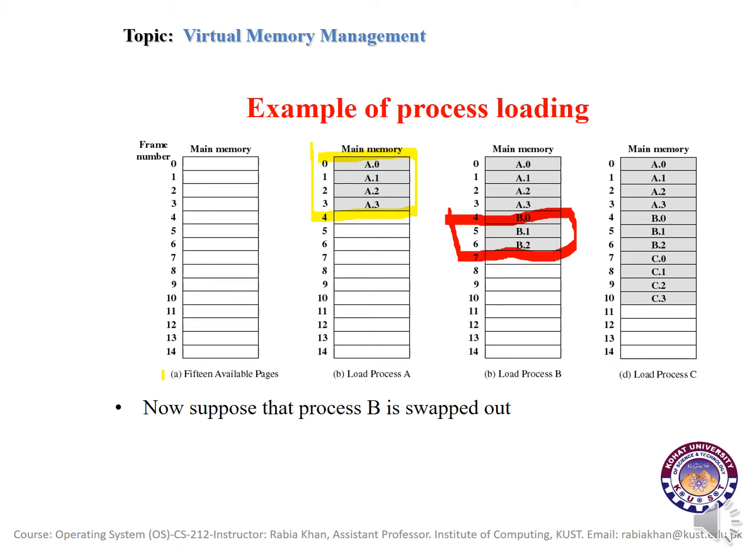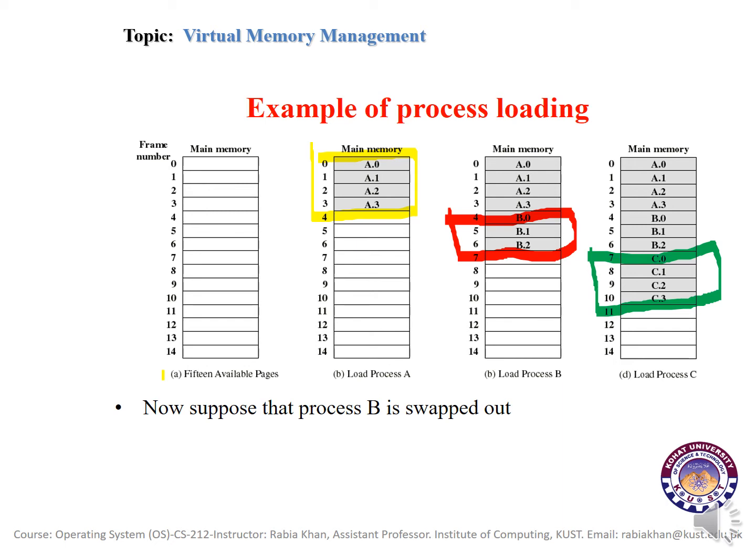Frame number 4, 5 and 6 are occupied by pages of process B. Then comes process C, that has 4 pages, and they are loaded in frames number 7, 8, 9 and 10. As you can see in the diagram, these are occupied by pages of process C having 4 pages.